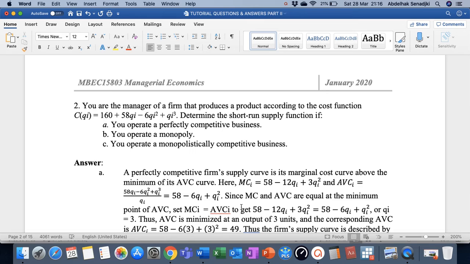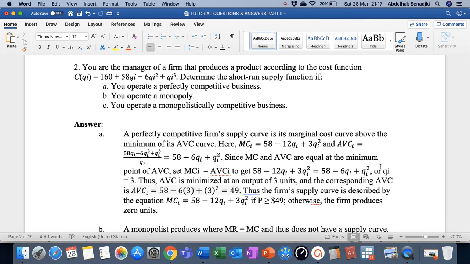Then we get 58 minus 12 Qi plus 3 Qi square, which is the marginal cost, equal to the average variable cost, which is 58 Qi by Qi is 58, minus 6 Qi square divided by Qi, that means 6 Qi, plus Qi power 3 divided by Qi, that means Qi square. When we solve this, I'm not going to do the calculation, you may do it yourself, you will get Qi equal to 3.